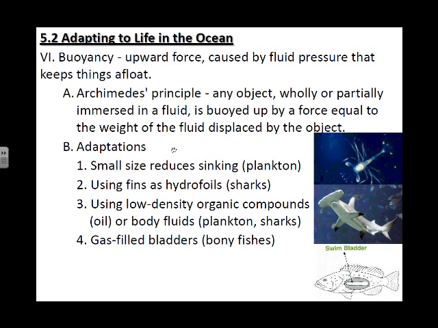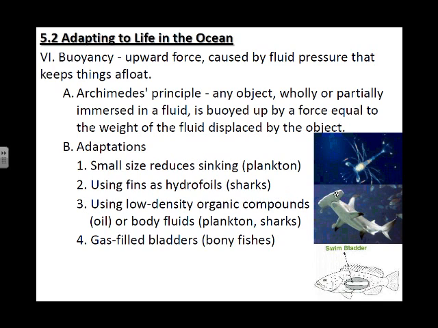Well, what do animals do to adapt to this? A lot of plankton, such as the juvenile crab you see here, simply have a small size. They also have the snowflake effect, where they have all these little spindly legs and antennae that help them to not sink. They just are suspended in the water column. Sharks, like this hammerhead we see here, use hydrofoils.